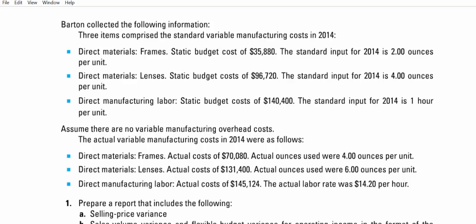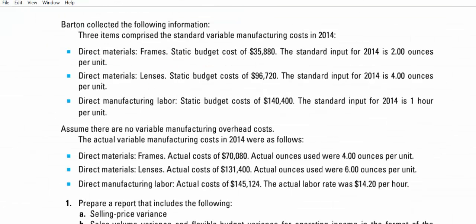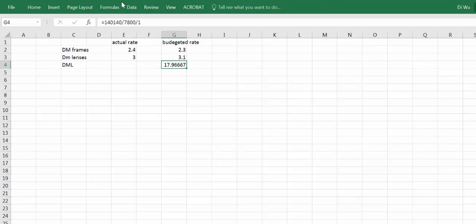That's how we first find the budgeted rate for direct manufacturing labor hours. So we end up with almost $18, right? Let me see if I got the numbers incorrect. I think I put the wrong number here, it's not 140,400. So we get $18. Okay, $18, perfect.